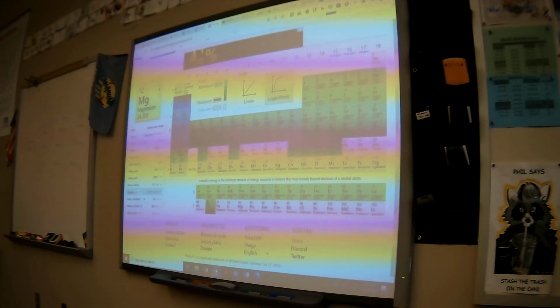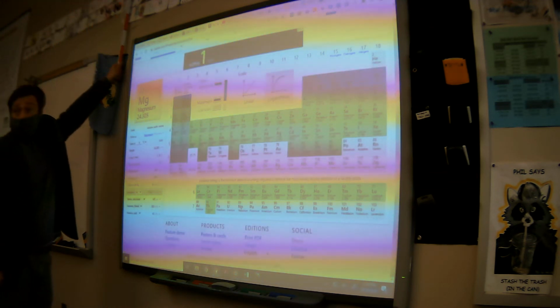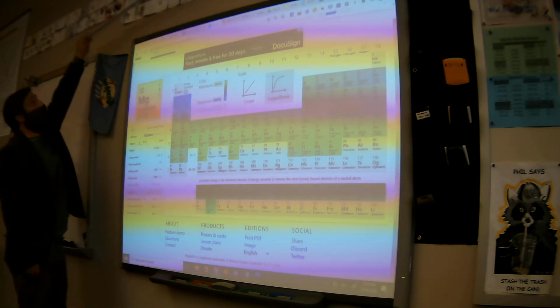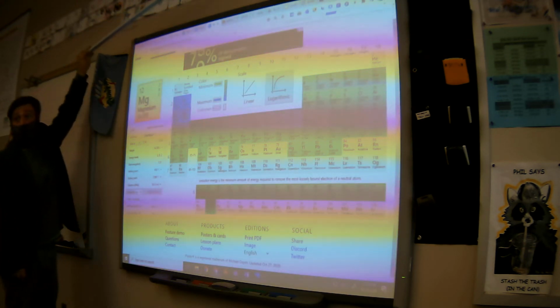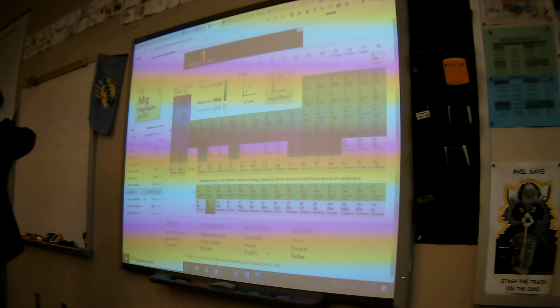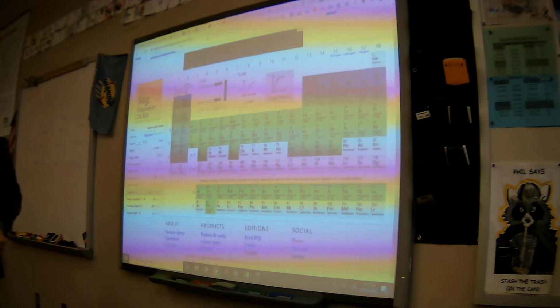When you say group, you mean like the column? Group, yeah. So these are groups. You'll also probably hear me say period, and by period I mean rows. Think of it like the first time it starts over. It periodically starts over.